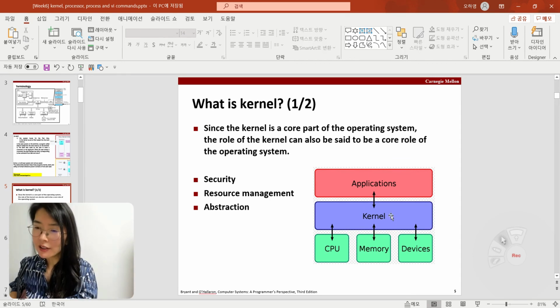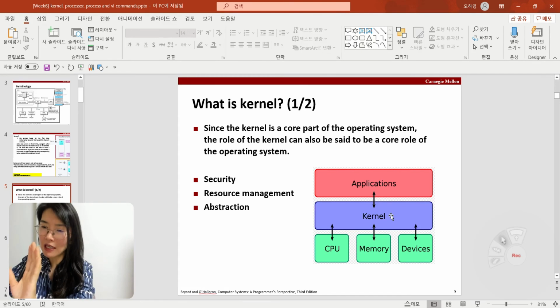So kernel can support the applications about the secure uses of each hardware.